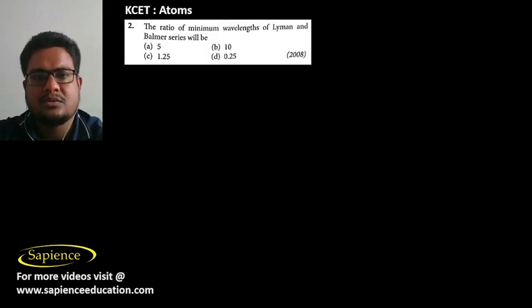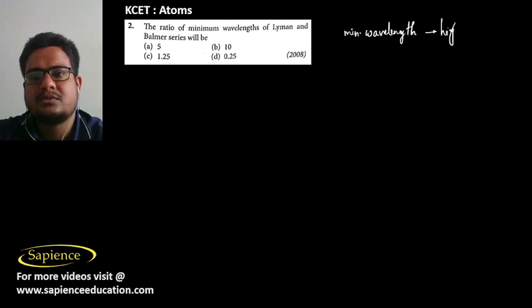Question number 2 asks for the ratio of the minimum wavelengths of the Lyman and Balmer series. Minimum wavelength corresponds to the highest energy.